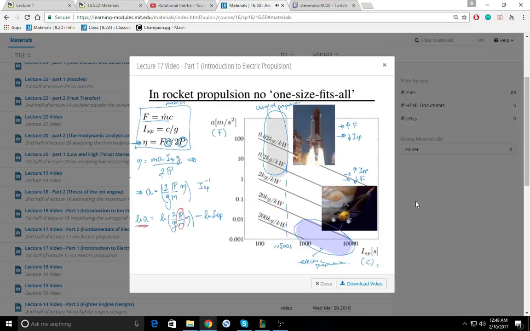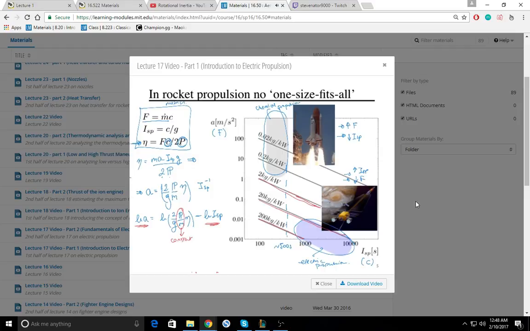In these coordinates, logarithm of the acceleration, logarithm of specific impulse, the constant specific power curves are straight lines. So these straight lines here are derived that way. So for constant specific power, the acceleration is dependent on the specific impulse in a linear manner in logarithmic coordinates.